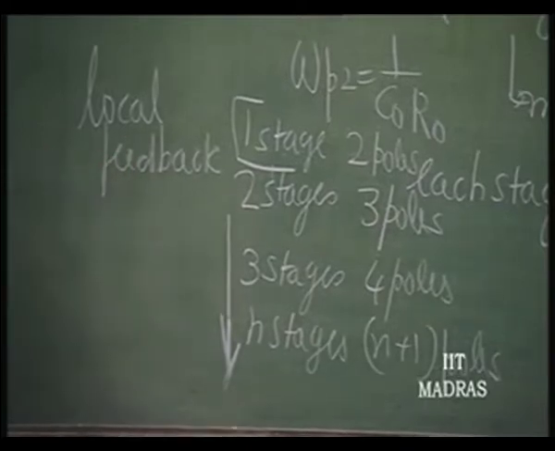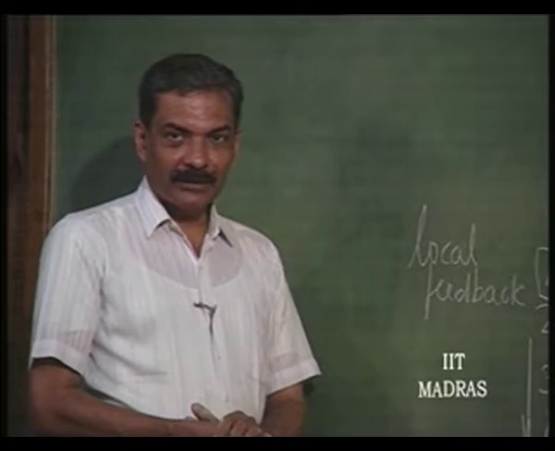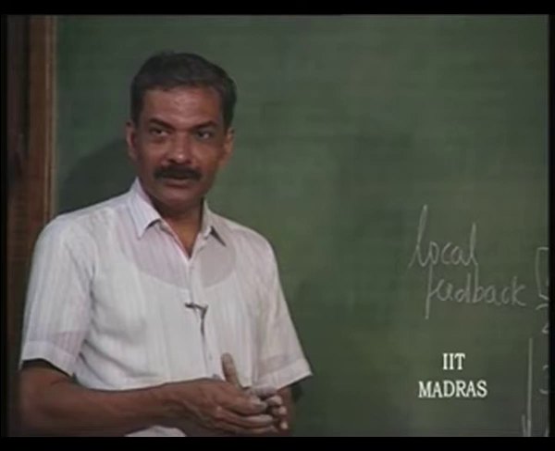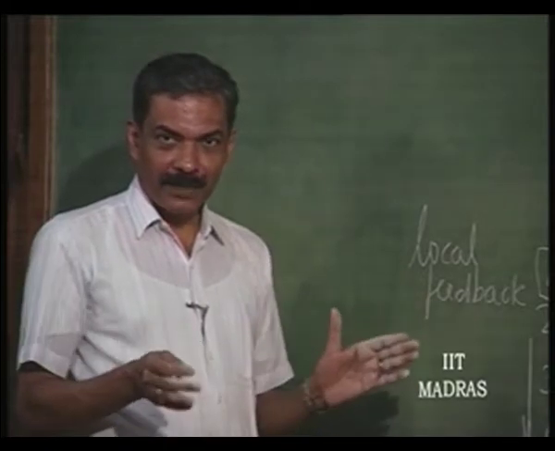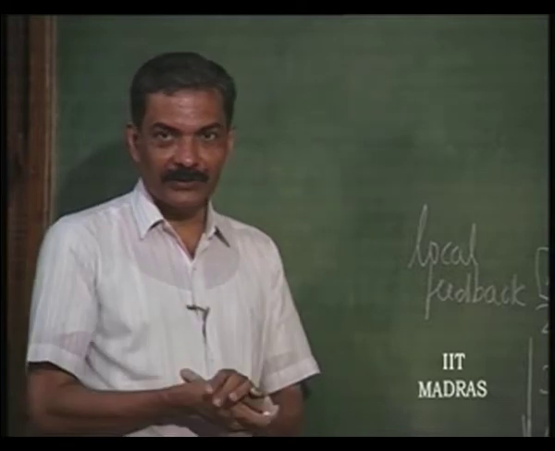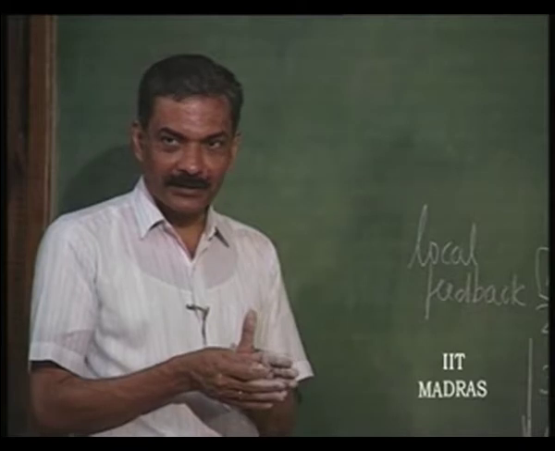When you cascade wideband amplifiers, again remember that you can prove that the overall bandwidth gets reduced. If they have the same bandwidth and I cascade all the amplifiers together, we had earlier also shown that the overall bandwidth gets reduced because of cascading.